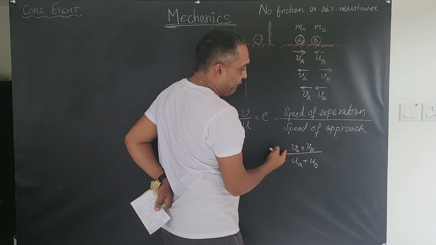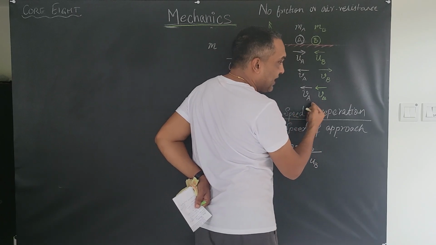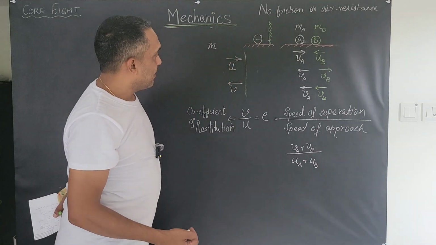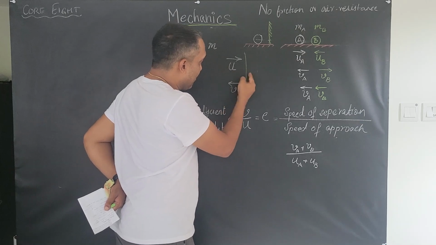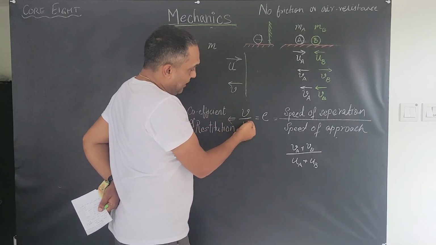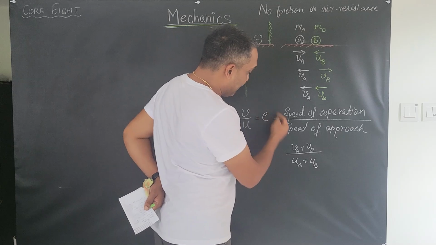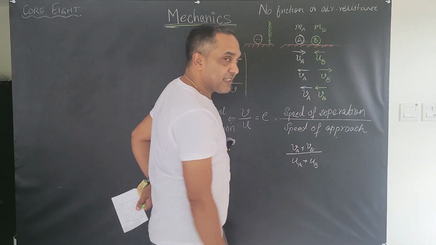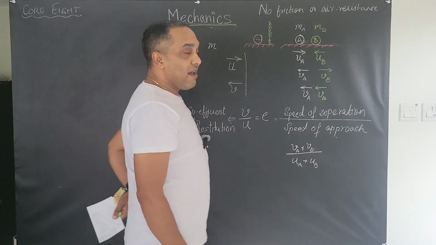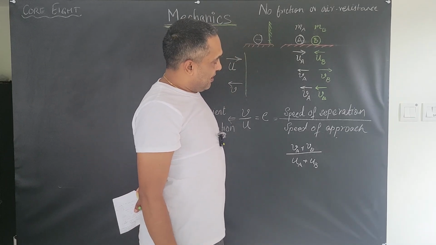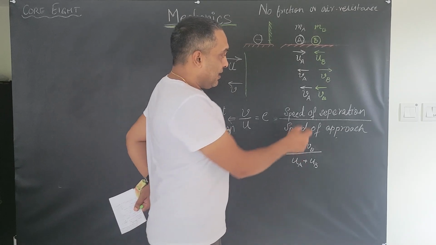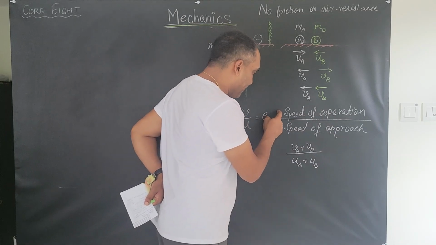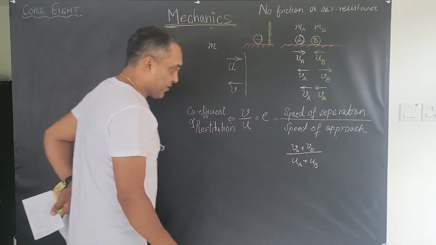But you have to be very careful, because if both were traveling in the same direction, it's definitely not VA plus VB. It'd be the difference between the two. But we use the speed because we don't want a negative value.